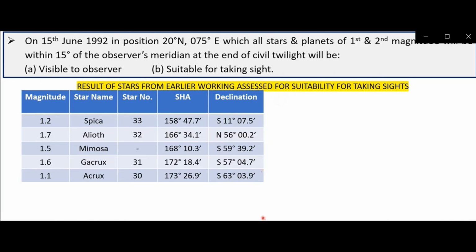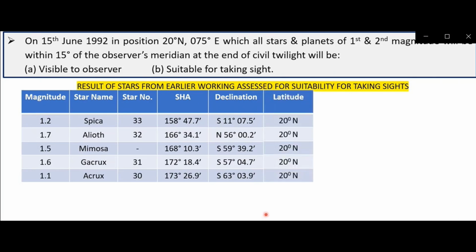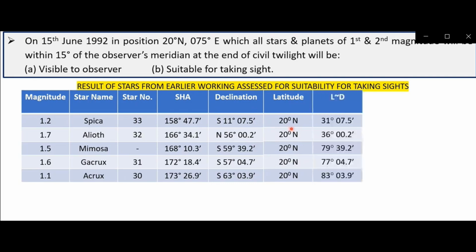So we insert one more column here for observer's latitude, and observer's latitude is 20 degrees north. Now we have to find L difference D. Before we show it up, just to reiterate, L difference D means algebraic difference. Same names, subtract, opposite names, add. And now we have L difference D showing up here.